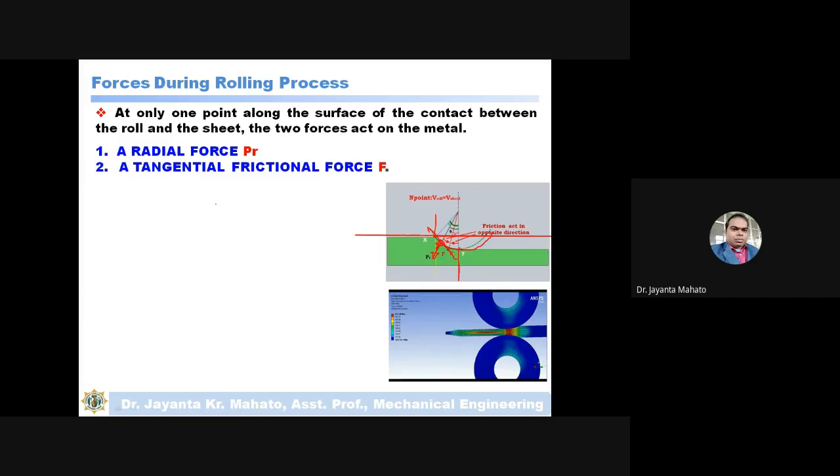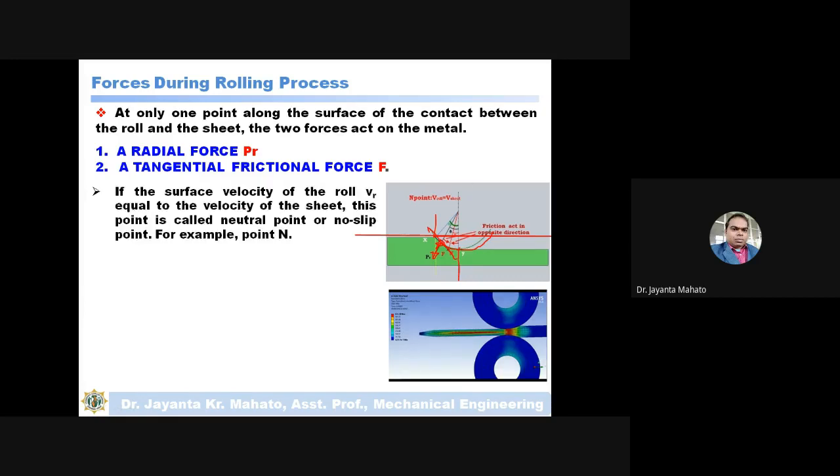Okay, so the surface velocity of the roll, VR, at the entry point equals the velocity of the sheet. This point is called the neutral point or the no slip point.